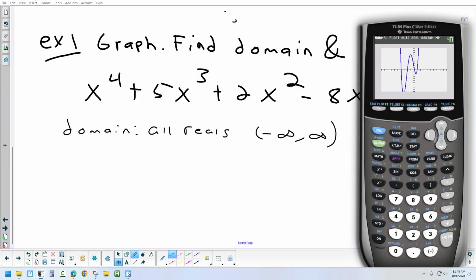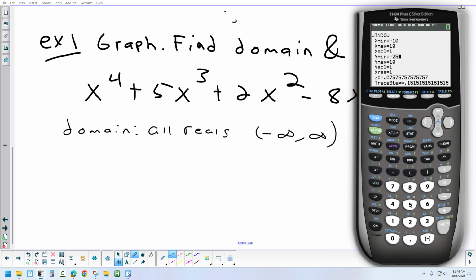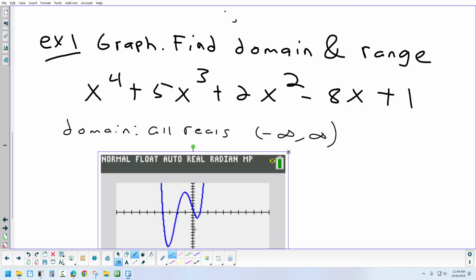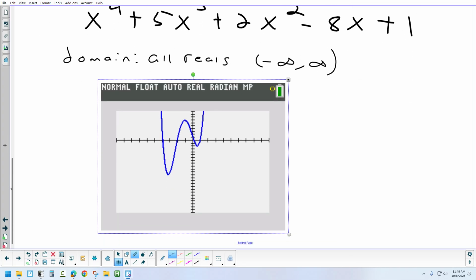Okay, is that a good window? Not quite. We gotta go a little bit lower. So on your y min, let's do like negative 25. Okay, that's a good one. This graph does go in one direction forever.